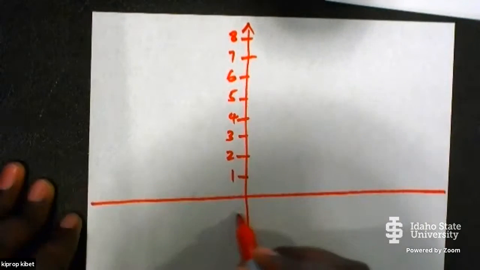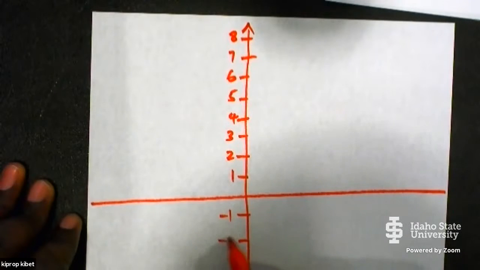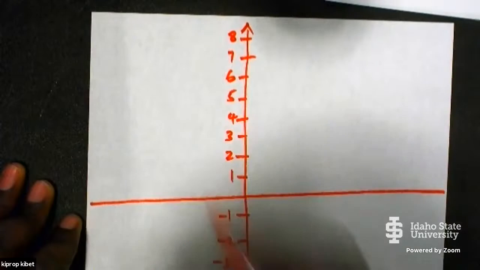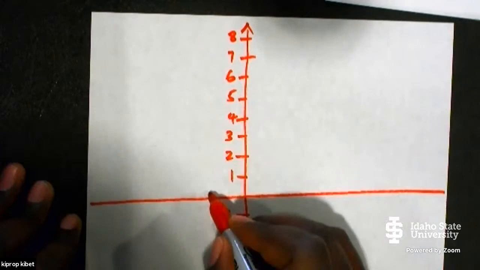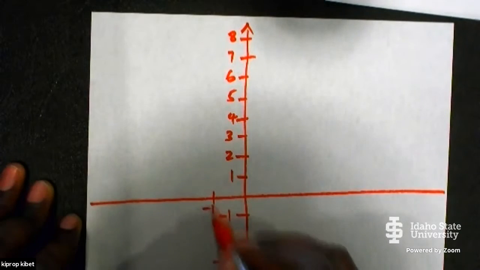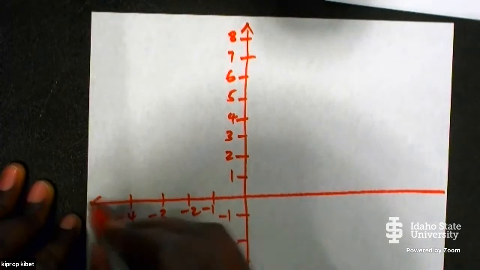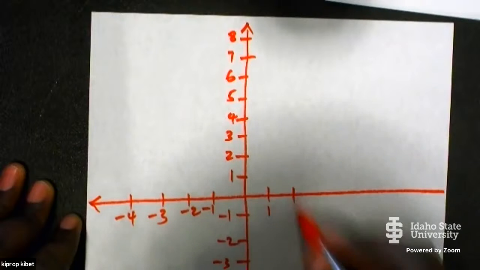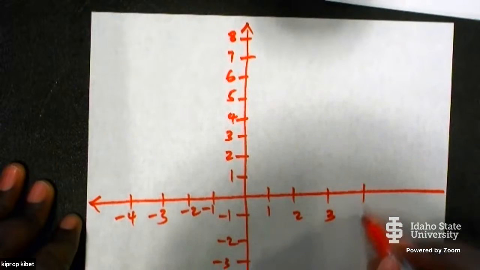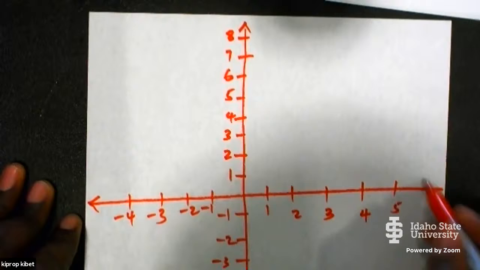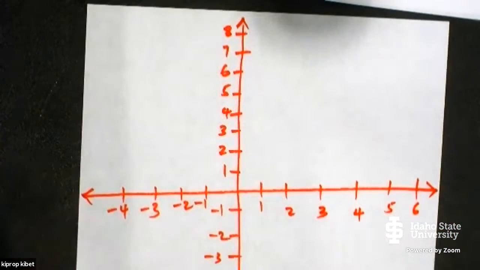Then minus 1, minus 2, minus 3, minus 4, like that. So the lowest here is minus 1, minus 2, minus 3, minus 4. 1, 2, 3, 4, 5, 6.